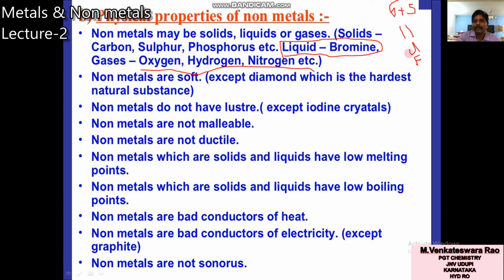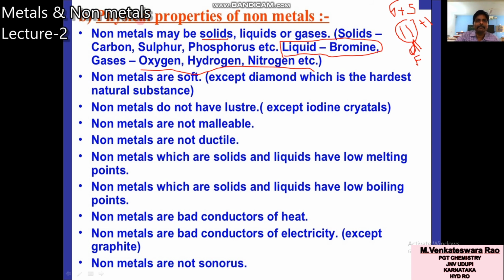Chlorine and fluorine are Cl2 and F2. Oxygen gas, hydrogen gas, nitrogen gas, plus the 6 noble gases. That 6 plus 5, total gases are 11. Total liquid is only one, that is bromine. So the remaining non-metals are solids.